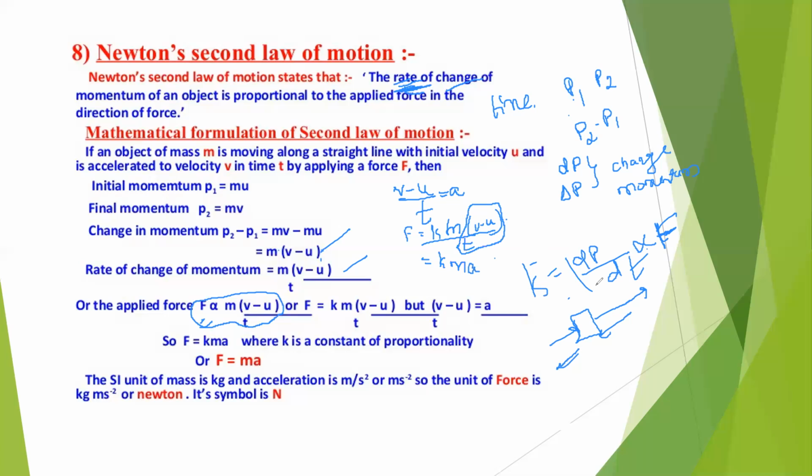The mass is expressed in kg and acceleration in meter per second square. Therefore, the final unit is kg meter per second square, which is also called Newton. This Newton is denoted by the symbol capital N. You can see it written in the last line.